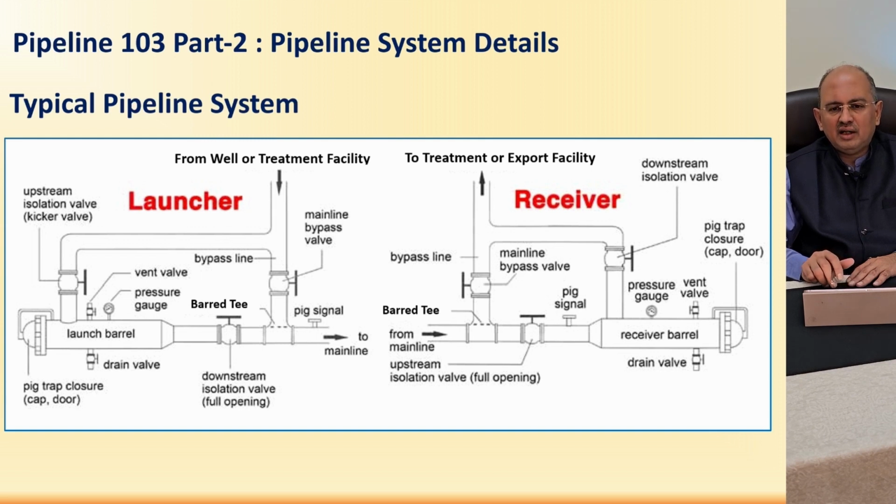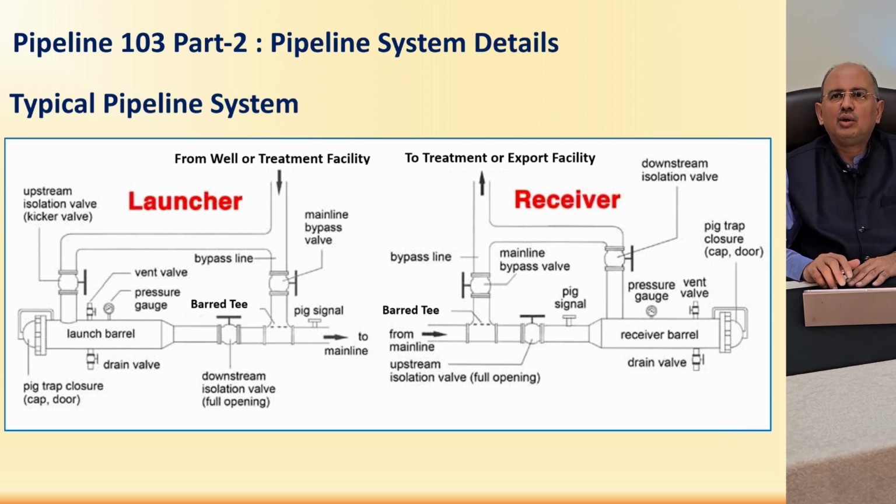By diverting that, your pig will enter the receiver barrel, and you can see some pig signaler mentioned there in the sketch. When the pig passes through that point, the pig signaler will indicate that the pig has passed, which means your pig has cleared the mainline valve and entered the receiver barrel.